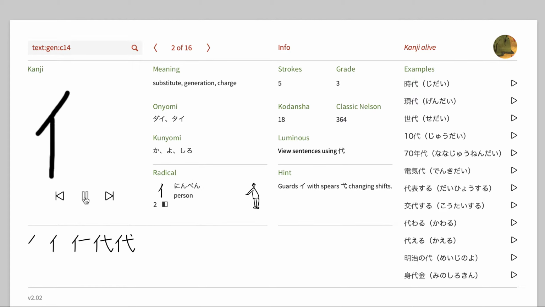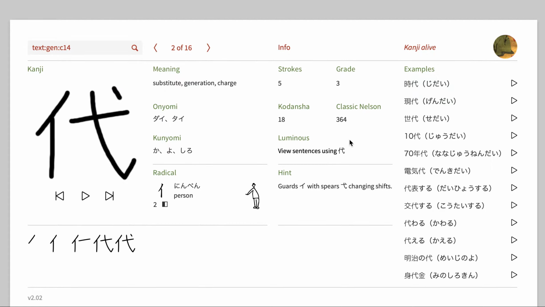The left-hand radical is the person radical, the ninben, and then the right-hand side has these three strokes. The hint: guards with spears changing shifts. I guess that has the substitute meaning to it.